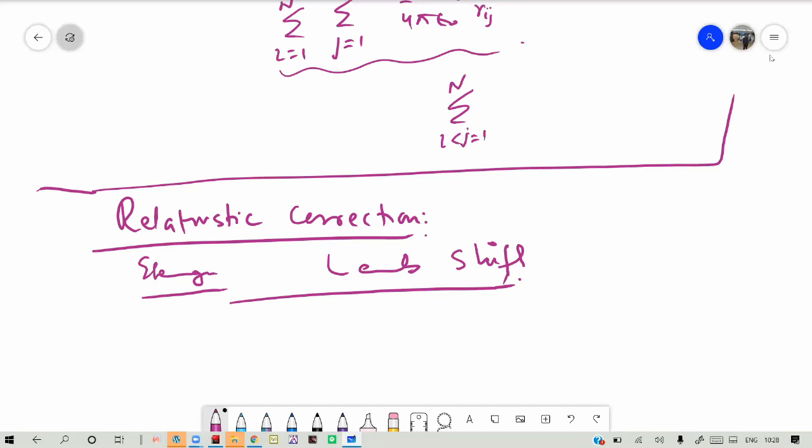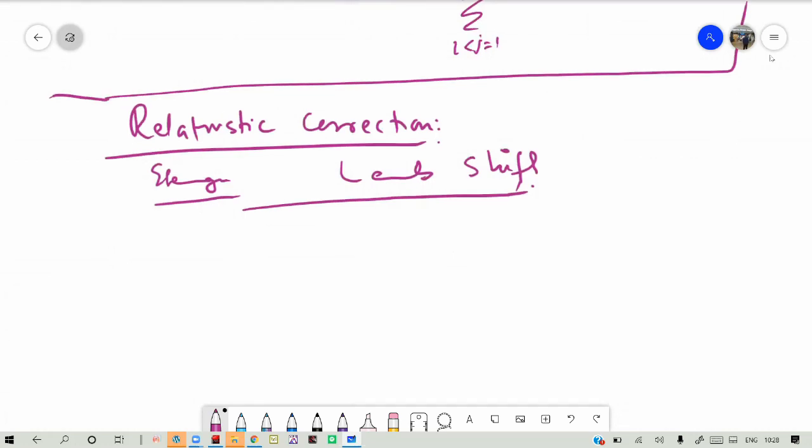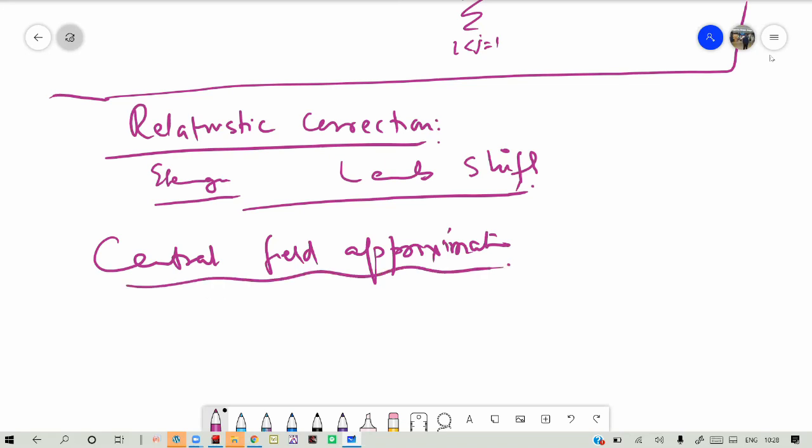But for a higher number of electrons, when we have many-body effects, especially in fermions, and spin interactions, mutual interactions, then we use approximate methods. One of the most used approximations is called the central field approximation.